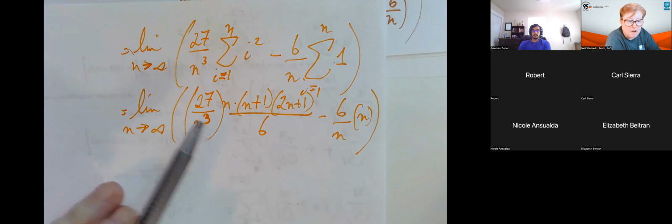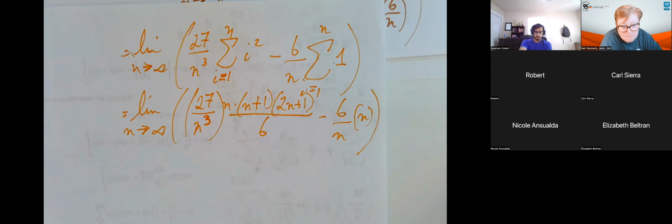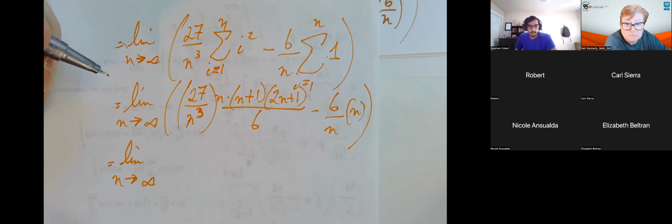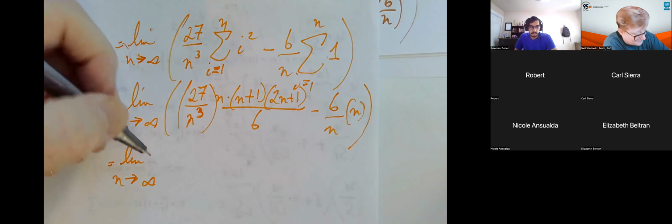Gotcha. Good. All righty. Now, are we almost ready to take a limit, or do we need to do a bit more algebra? We need to remove the n's from the numerator. Yes, that's right. Very good. So we have the limit. And why are we bothering with that? To be able to use limit rules easier.